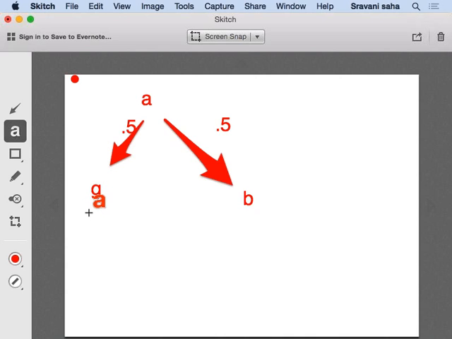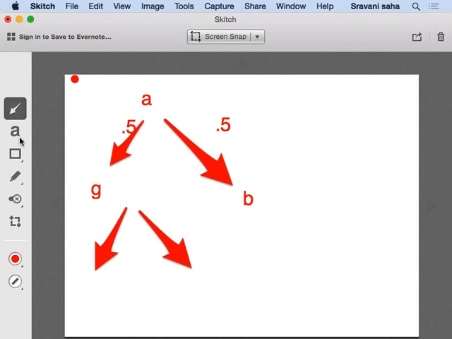Correct? But if the girl is born, again the chances of having a boy or a girl is equal, right? So no matter what you do, the total number of children will be equal.